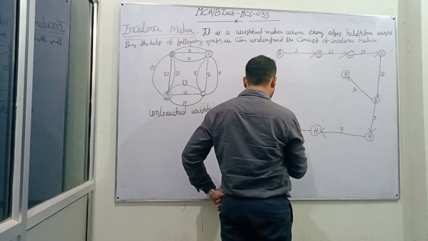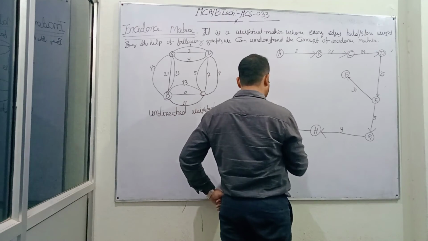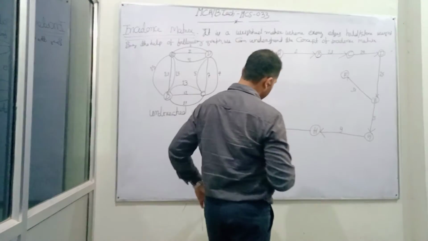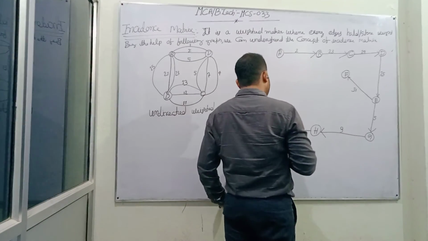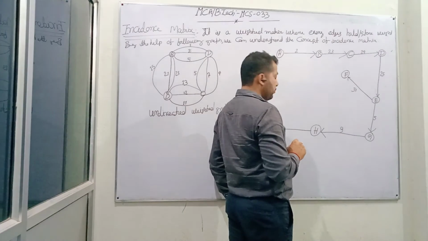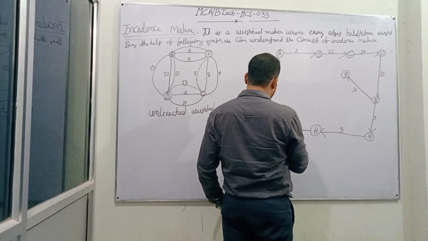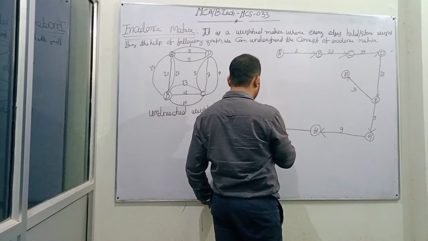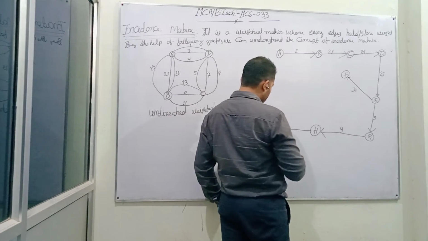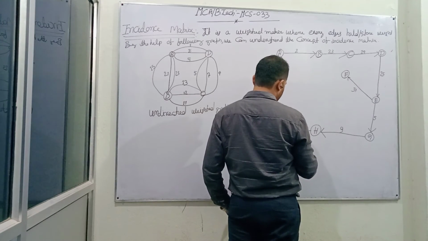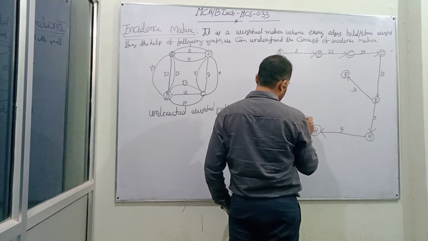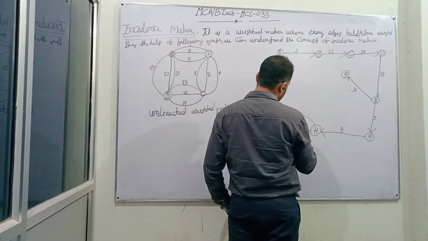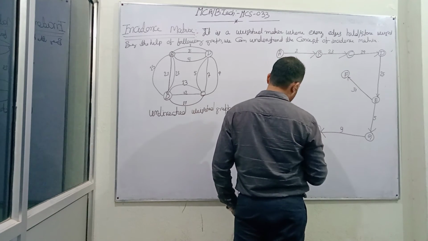I. आज इंसिडेंस मैट्रिक्स का कॉन्सेप्ट अच्छे से समझ लीजिए. Right now I am going to construct the different this one, and here I will write the 3, and this one 8, and this one 5, this one 7.